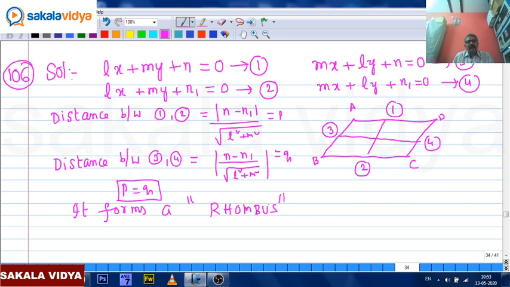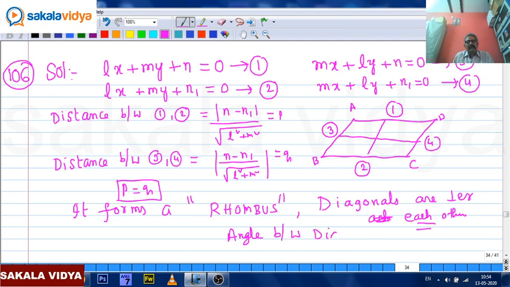We know that in a rhombus the diagonals are perpendicular to each other, and also bisect each other. So that means the angle between the diagonals, they include an angle of 90 degrees, pi by 2.